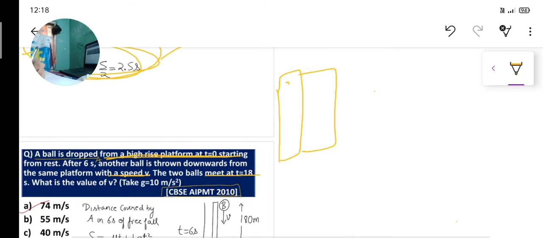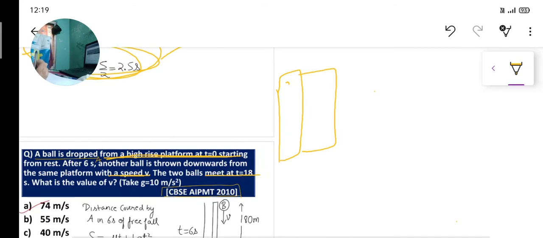In 6 seconds the distance covered is s equal to ut plus half at square. The distance covered by the first ball in 6 seconds: initial velocity is 0, acceleration is 10, and time is 6 square.